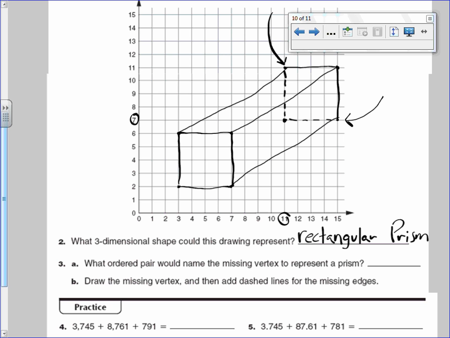I can also connect it here. So everyone see how that shape has now become three-dimensional. Connect those dotted lines that are missing. So my point ended up being 11, 7. That was my missing point, and then it tells you to use dotted lines to connect them. Well, I used dotted lines, and now I made it a three-dimensional shape.